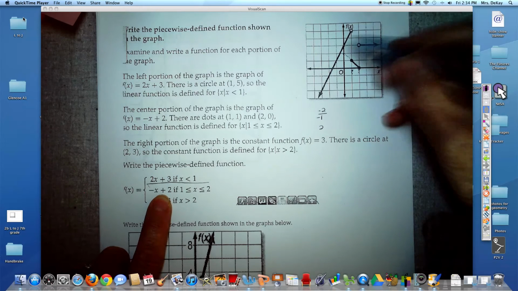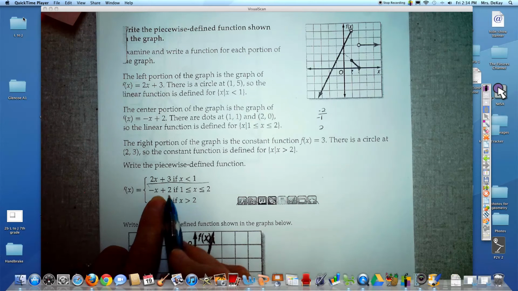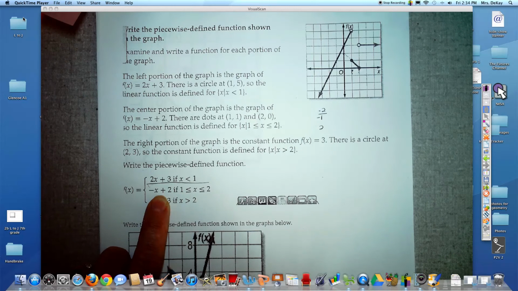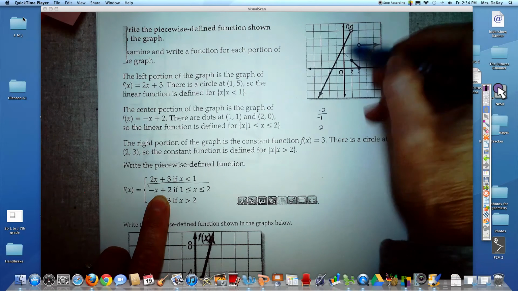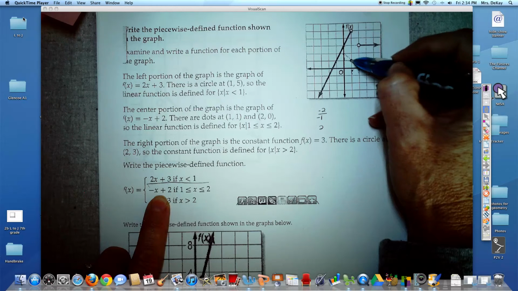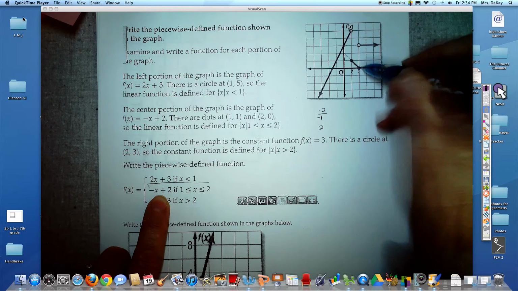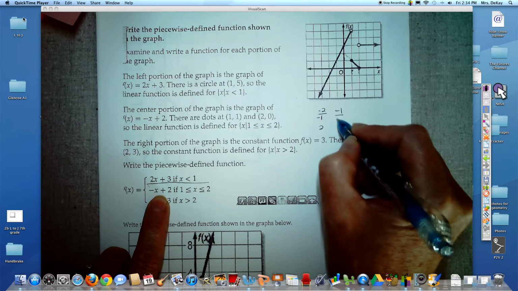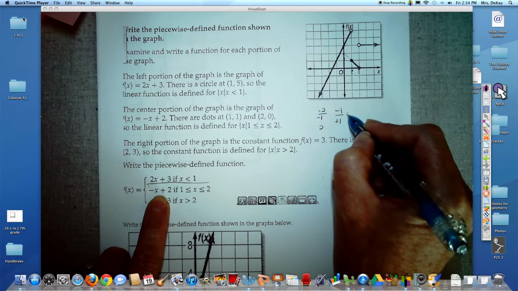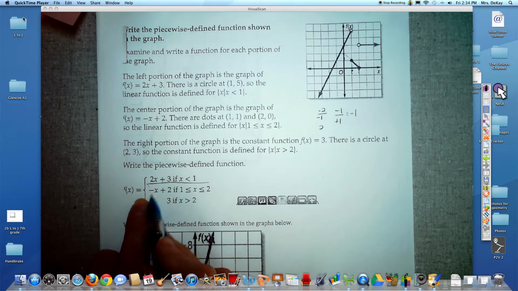So your y-intercept is 2. What is your slope? Down 1 to the right 1, down 1 to the right 1, has a slope of -1.